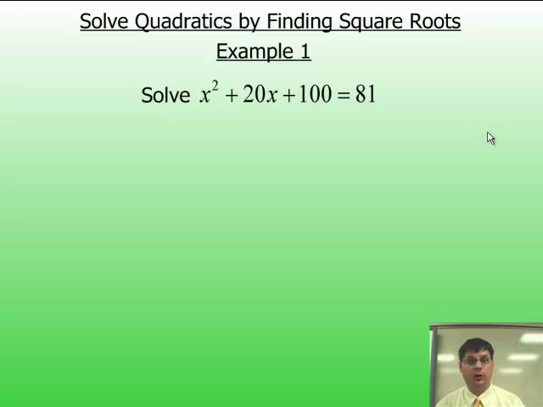So today we're going to be talking about how to solve quadratics using an alternative method called completing the square. Before we complete the square, let's explore how to solve a question such as this by finding the square root, and we'll see how this connects to completing the square.